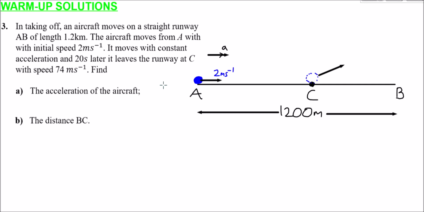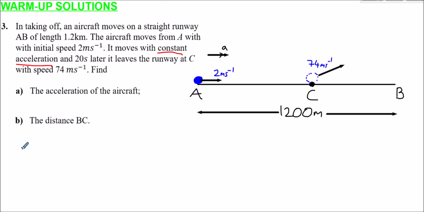One thing I could say here as well is that at C, it's got a speed of 74 meters per second, just as it is about to take off. Importantly as well, very crucial, the acceleration is constant.